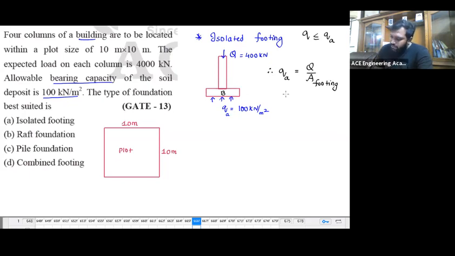Now from here, what is the area of footing I can get? The load 400 by 100, which means each footing area is going to be 40 meters square.